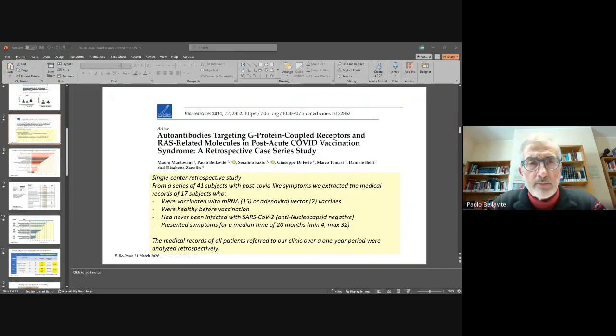We extracted the medical records of 17 subjects who were vaccinated with mRNA or adenoviral vectors, were healthy before vaccination, had never been infected with SARS-CoV-2 because they were negative for anti-nucleocapsid, and presented the symptoms for a mean time of 20 months. The medical records of all patients referred to our clinic over a 1-year period were analyzed retrospectively. The next, please.